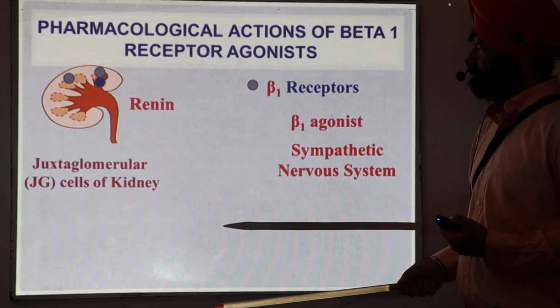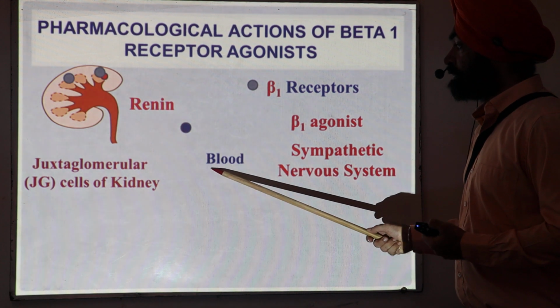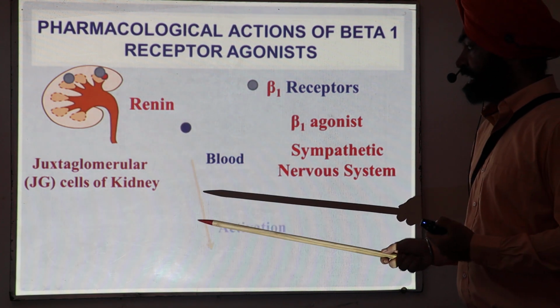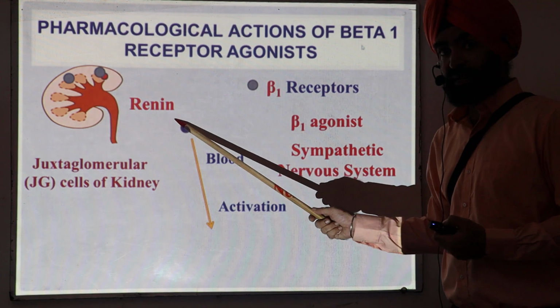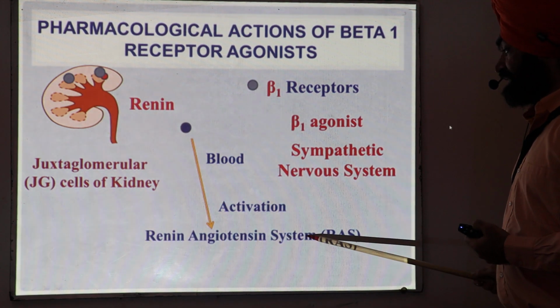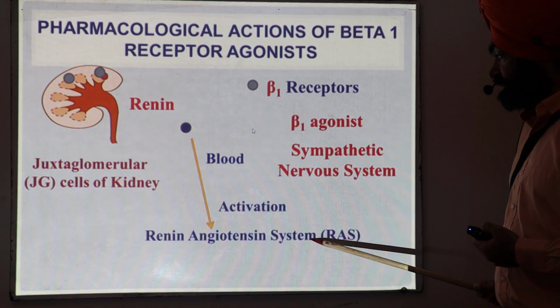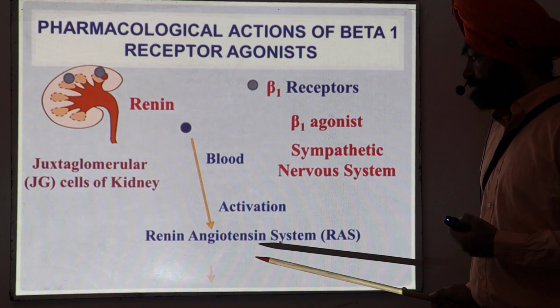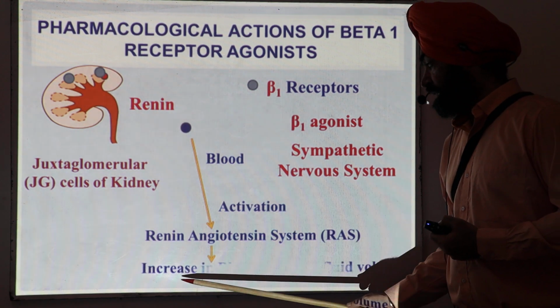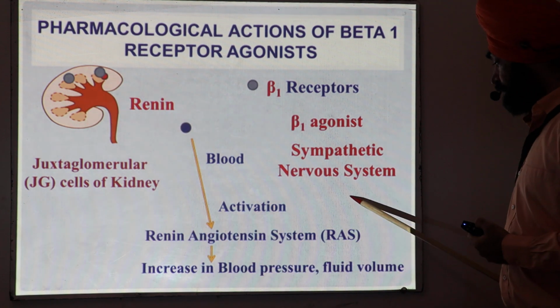It is a hormone. This renin will be produced, it will come into the blood and start circulating, and in the blood, renin will lead to activation of the renin-angiotensin system, in which there is production of angiotensin 2 and then aldosterone. They produce an increase in blood pressure, a rise in blood pressure, and fluid accumulation.